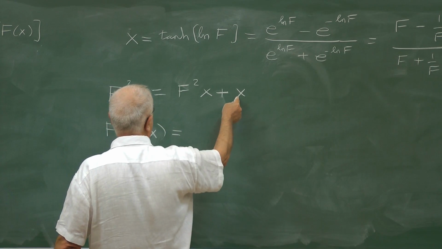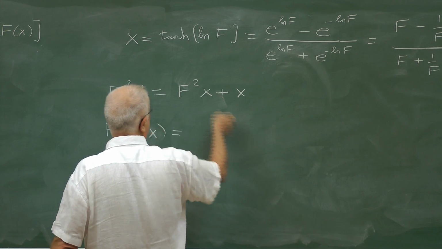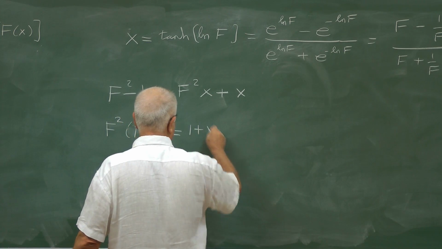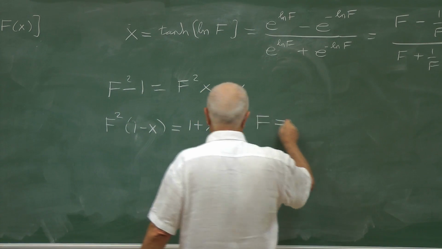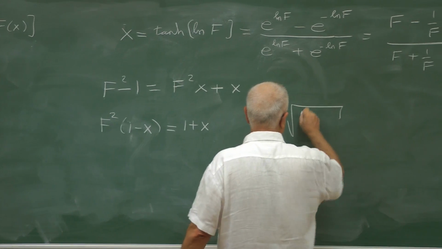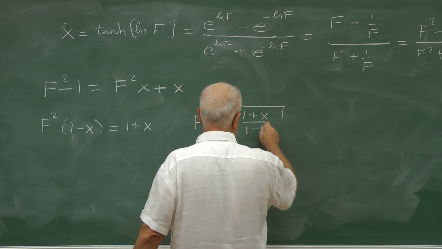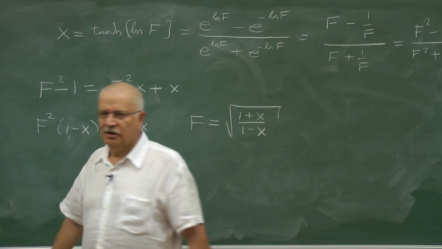Taking this to here, and this equals 1 plus x. So f equals the square root of 1 plus x divided by 1 minus x.